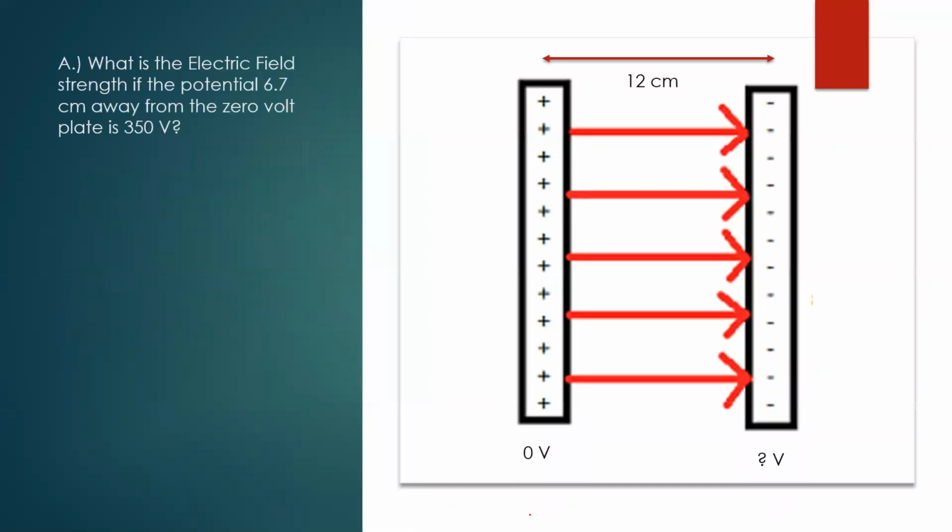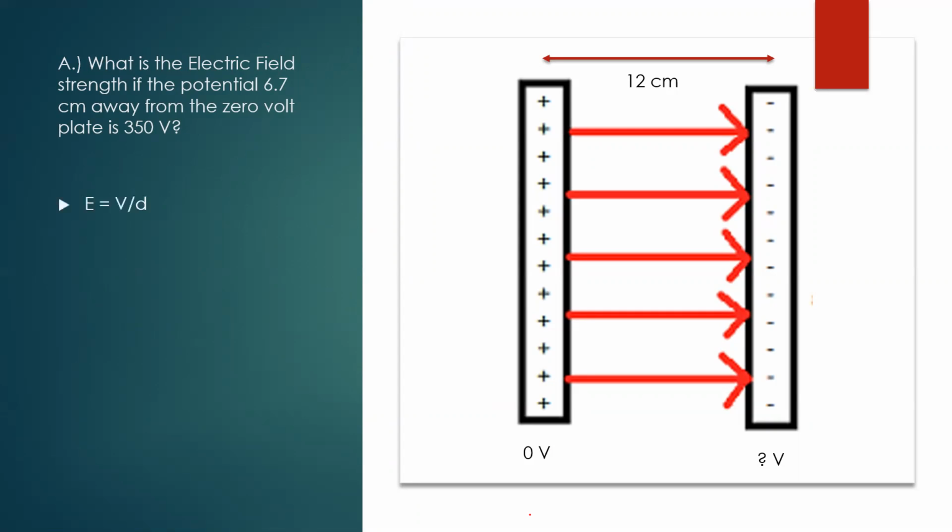Let's first tackle part A. What is the electric field strength if the potential 6.7 centimeters away from 0 volts is 350 volts? You're probably thinking, oh man, we don't have all the numbers to solve this question, but we actually do.